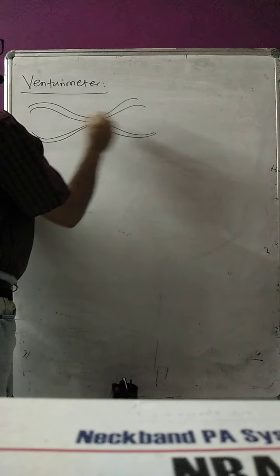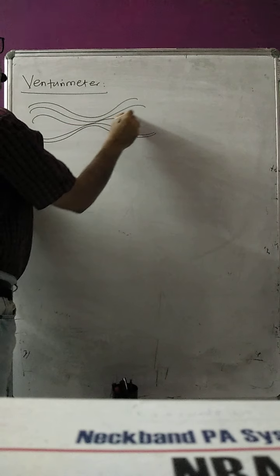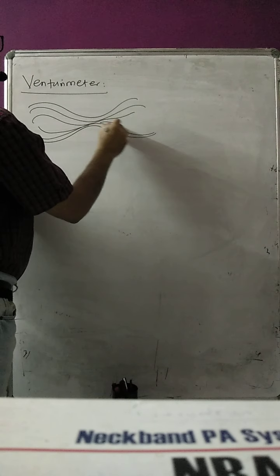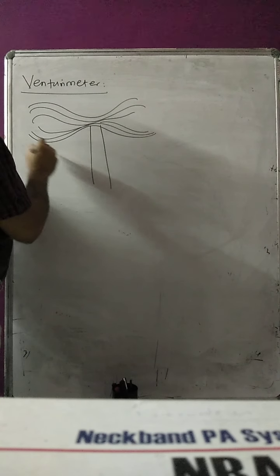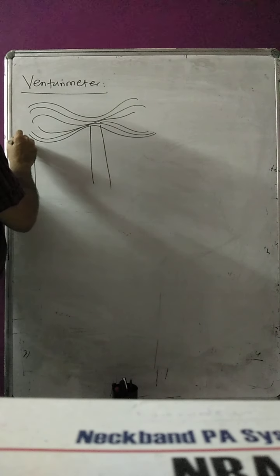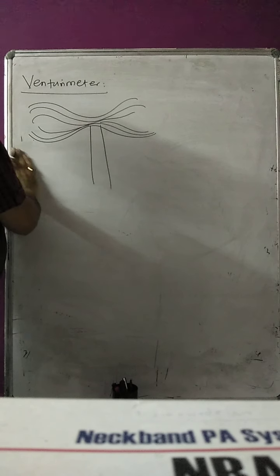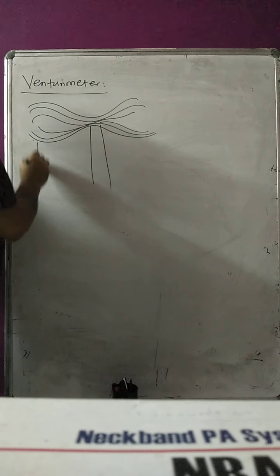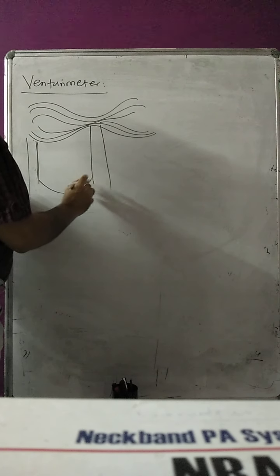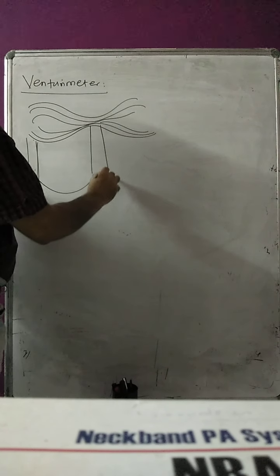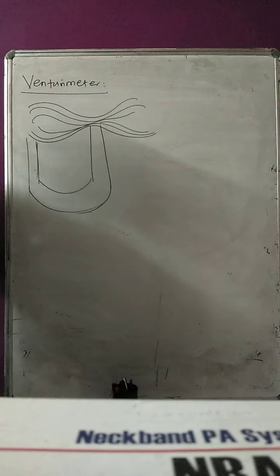This is the horizontal pipe, and I am showing the direction of flow for this point, and this is the manometer actually. A U-shaped tube is there, that is the manometer.